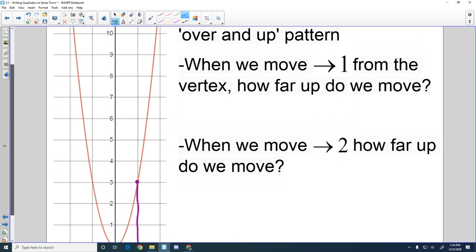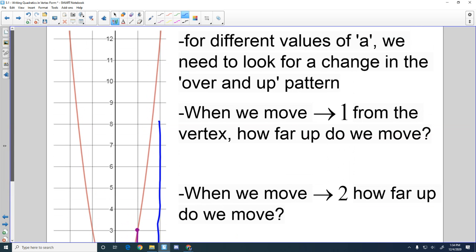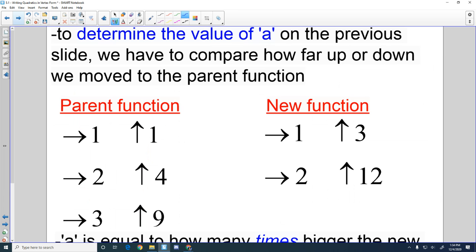And what about if I go right 2, 1, 2, 3, 4, 5, 6, 7, 8, oh, I was close, 9, 10, 11, 12. Wow, right 2, up 12.